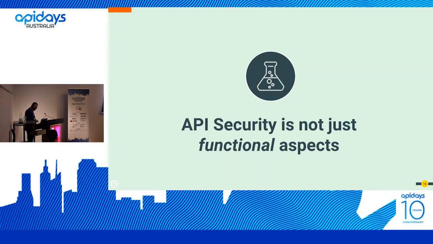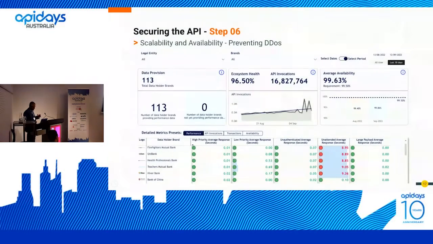Now, API security is not just these functional aspects, right? There are non-functional aspects as well. If you look at this dashboard, it is the performance dashboard of the Consumer Data Right program, which is maintained by the regulator.